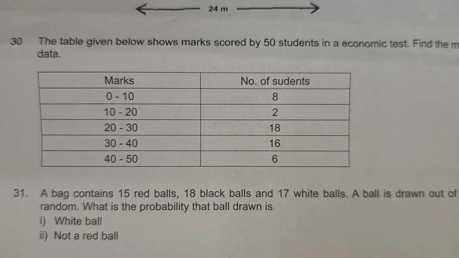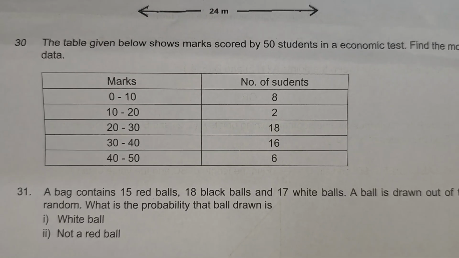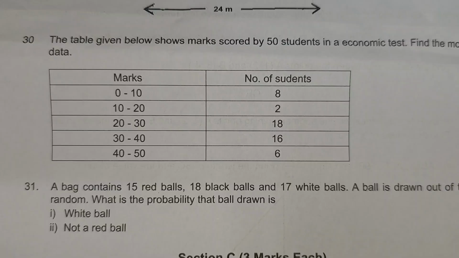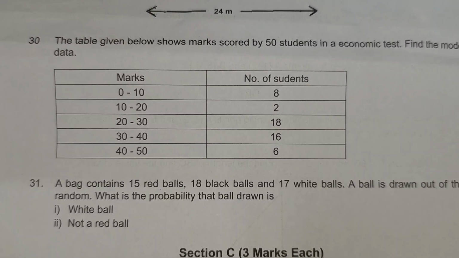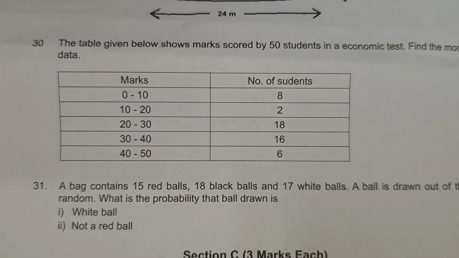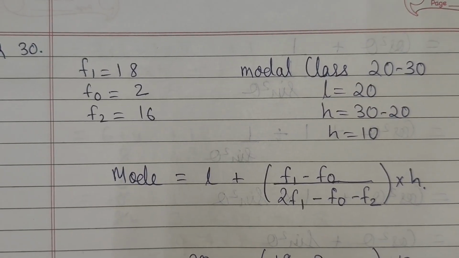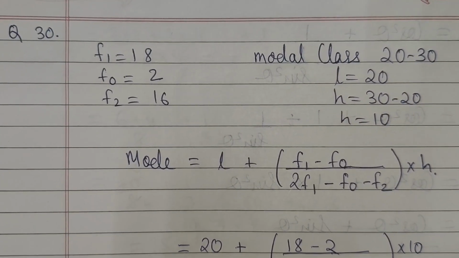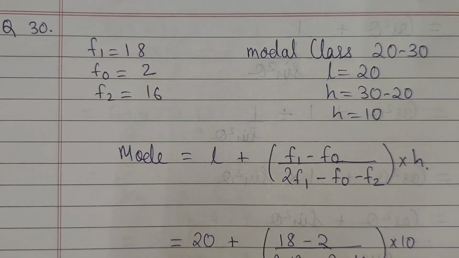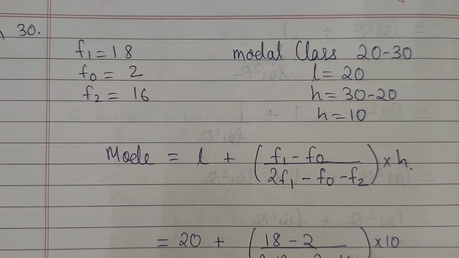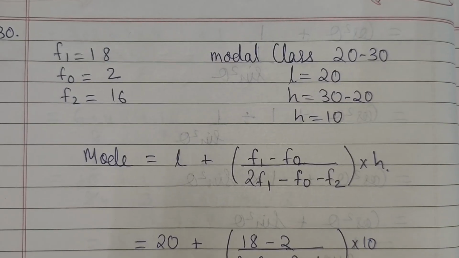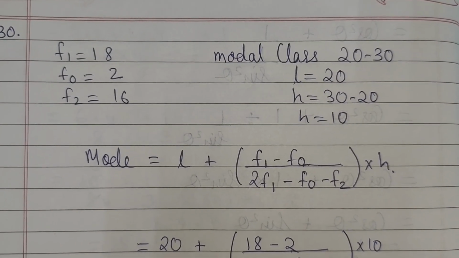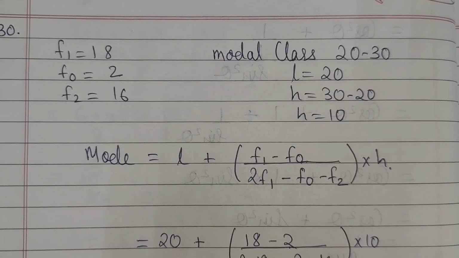So that will be your F1, and F0 will be 2, and F2 will be 16. The modal class will be 20 to 30. So L will be 20 and H will be 10.